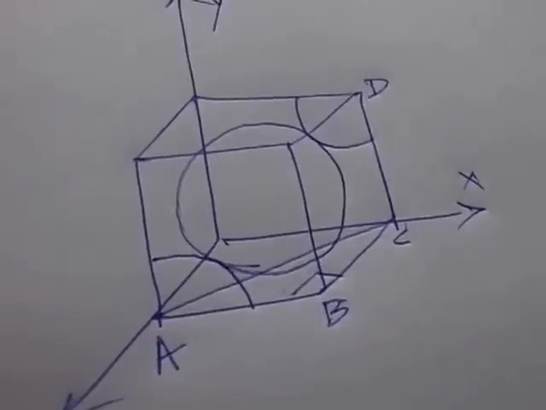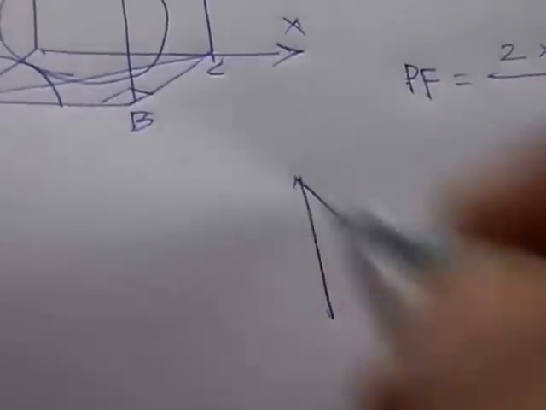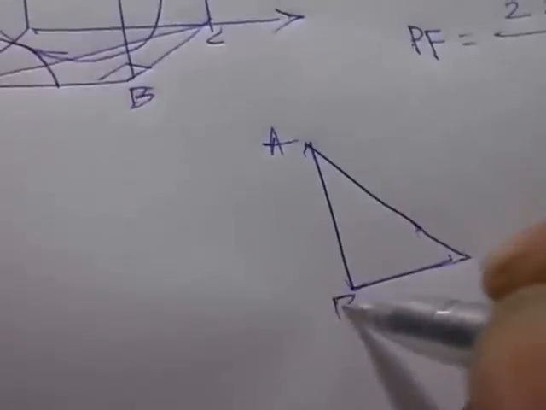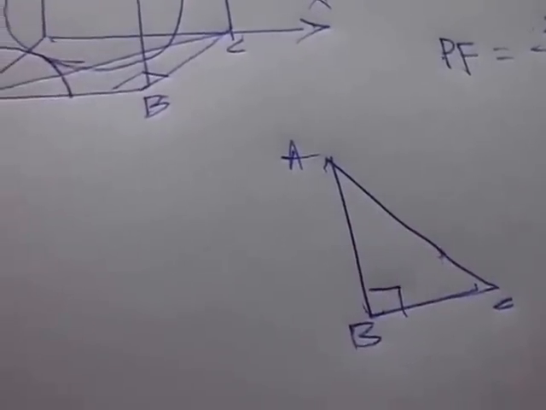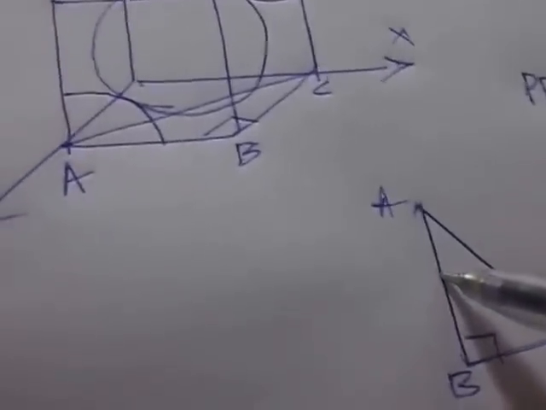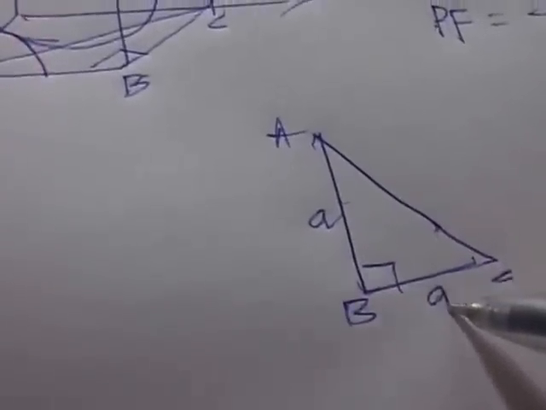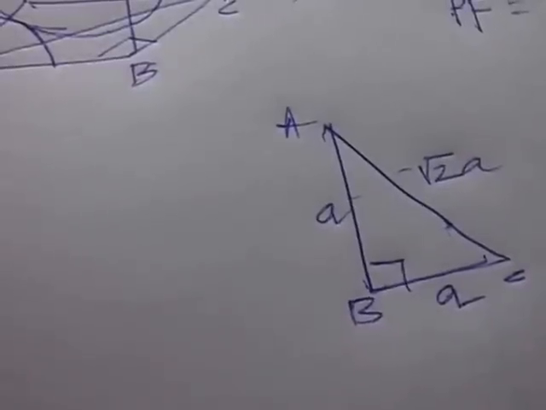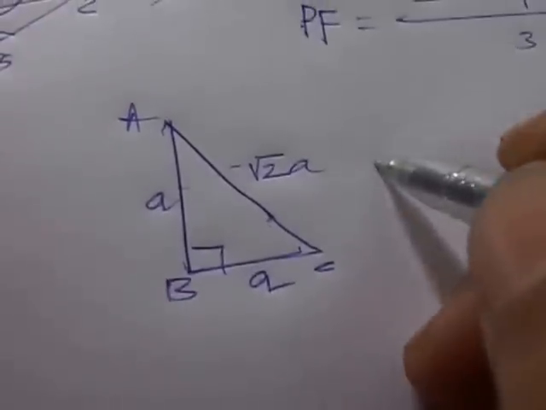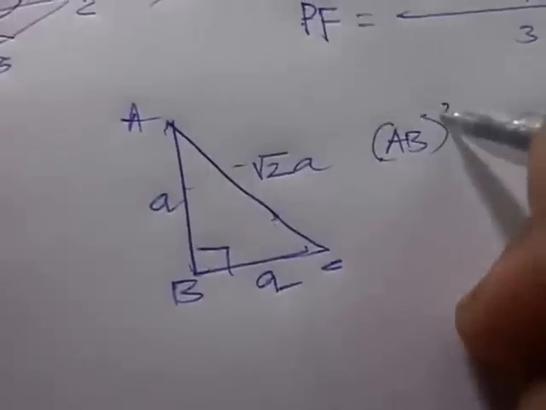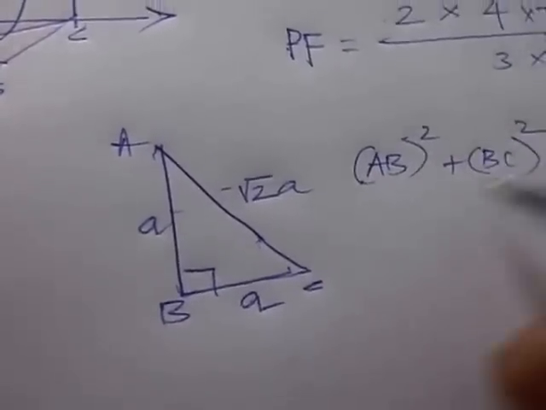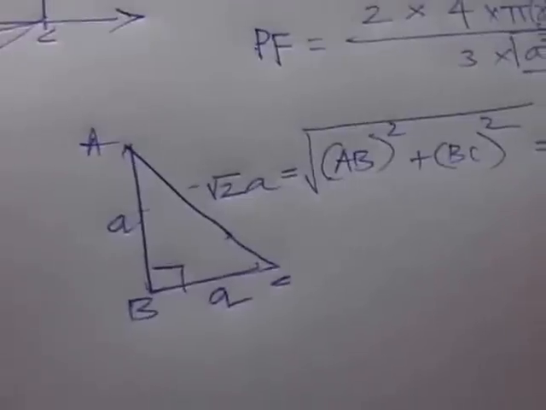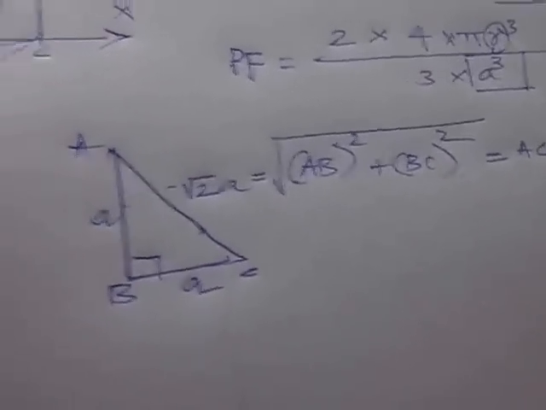ABC forms a right angle triangle, with 90 degrees at B. Sides AB is a and BC is also a, so AC may be written as root 2 into a, from AB square plus BC square and then taking a square root. This is the base diagonal.